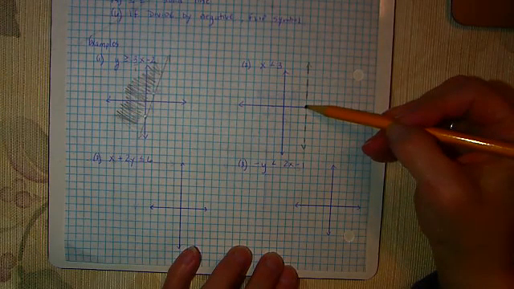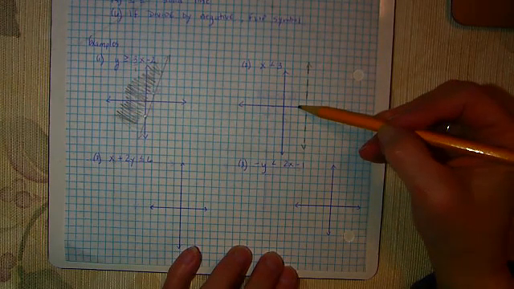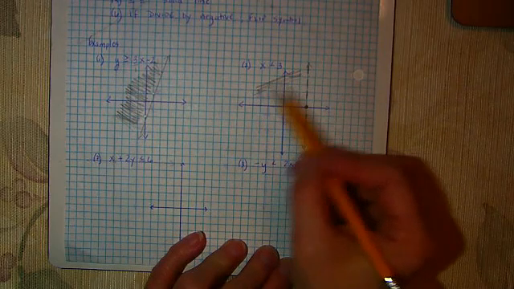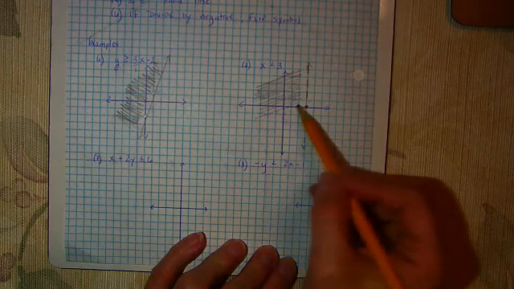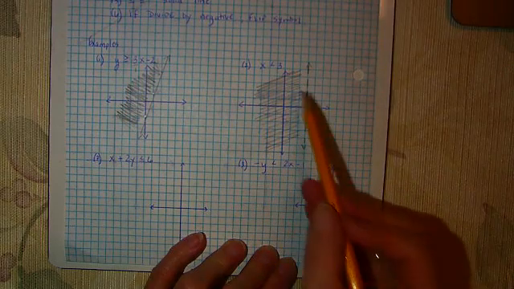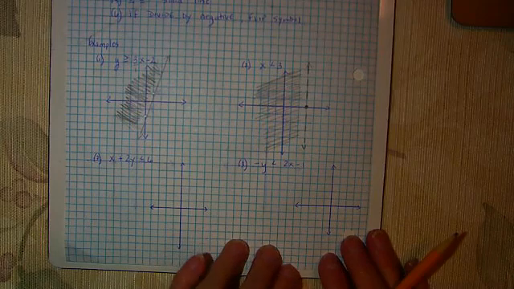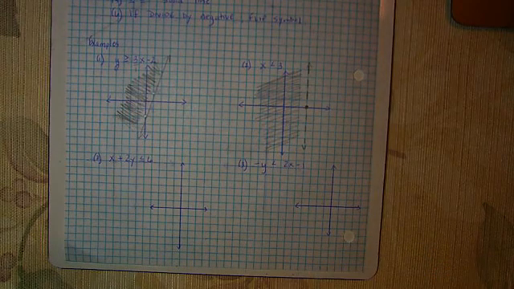This is 3, this would be 4, this would be 2. So if I want all the numbers less than 3, I need all of these over here. All of the numbers in this section of the graph would have a value of x less than 3. When you get to that type of problem, sometimes you just have to stop and think for a second.